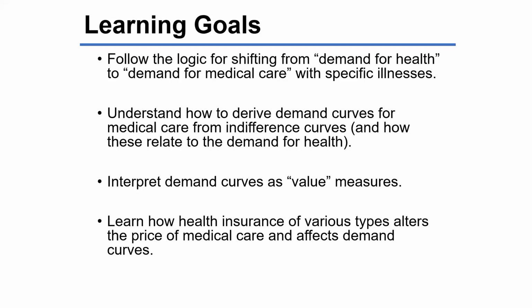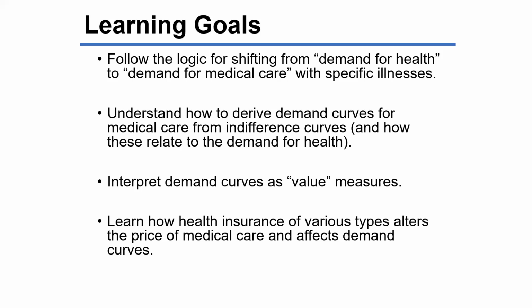Because when you have diseases, for instance, you need to access healthcare services in order to achieve better health as well. Then we need to understand how to derive demand curves for medical care from what we call indifference curves. You remember our discussion of indifference curves.